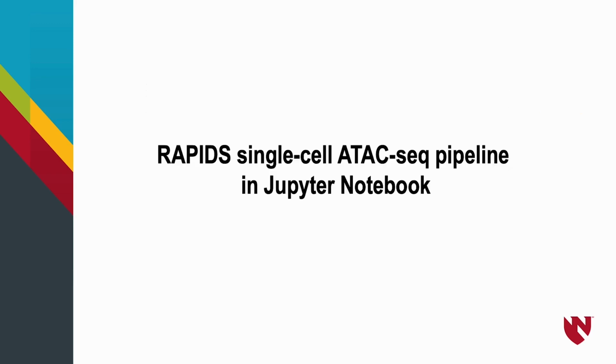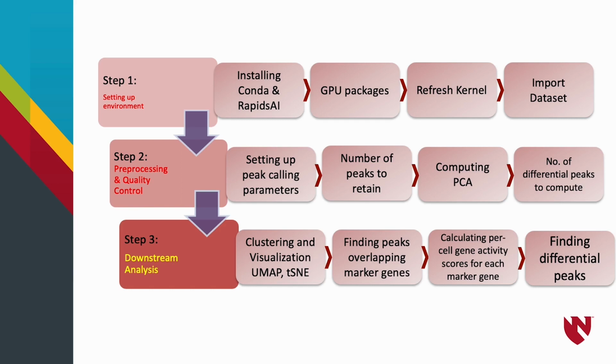Let us look at the implementation of the RAPIDS pipeline in Jupyter Notebook. In the first step, you will set up a Conda environment and install the necessary packages, including RAPIDS AI and other GPU packages to prepare for importing and working with the dataset.